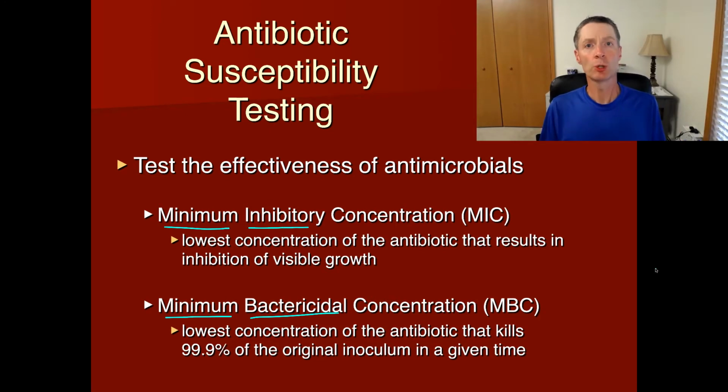Now, why wouldn't you go for killing all of the cells? Let's say these cells are not of the type that would cause some crazy immune response if you killed them. Why would we still go for the minimum inhibitory concentration rather than the bactericidal concentration? The answer is we need to stay away from all of the other nasty effects that drugs can have.